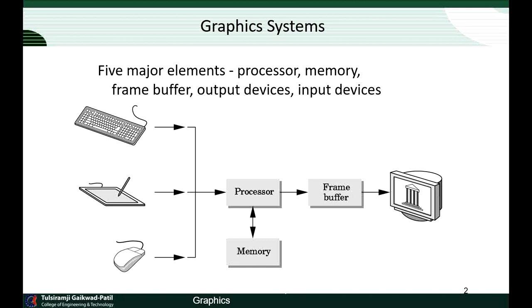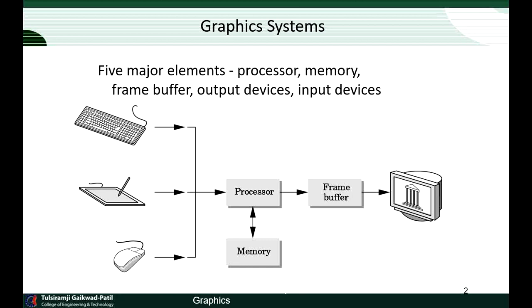Likewise, the processor will take data from the memory also, because the data related to that input is available with the memory. The memory will share the data with the processor, and the processor will start processing on it, and it will give an input to the frame buffer.